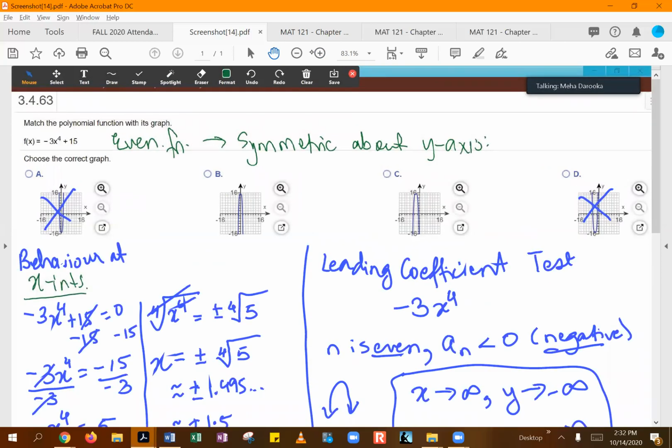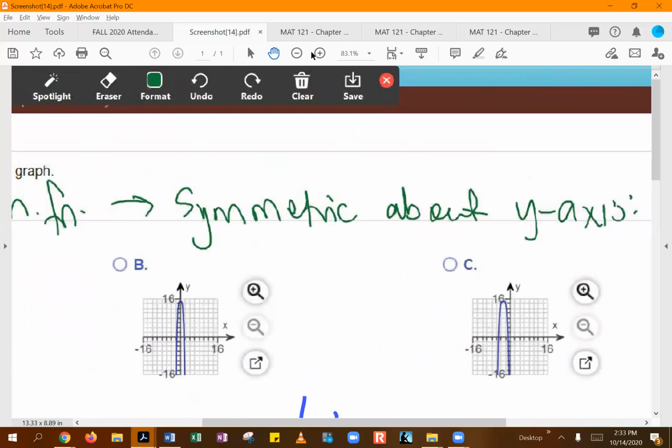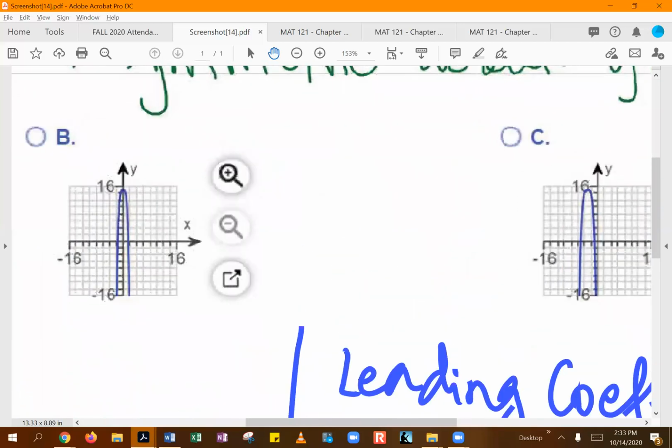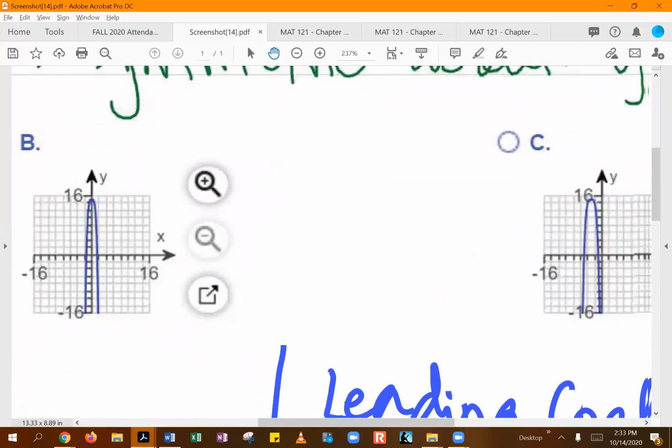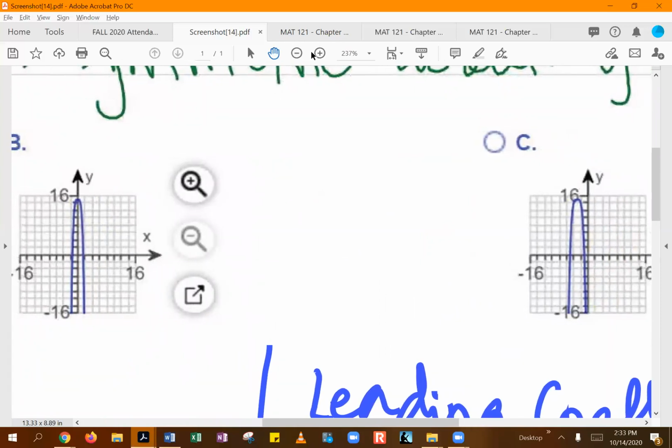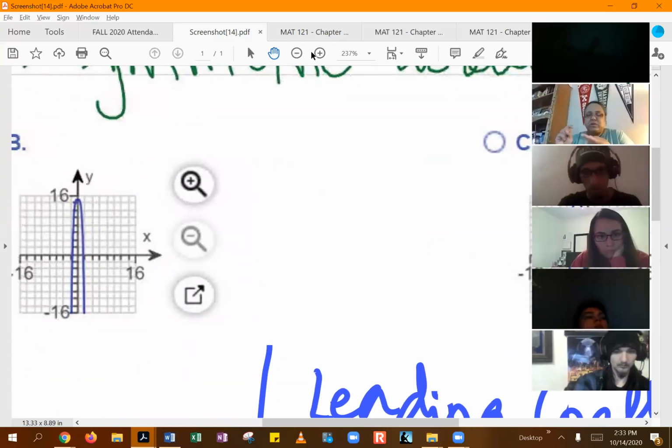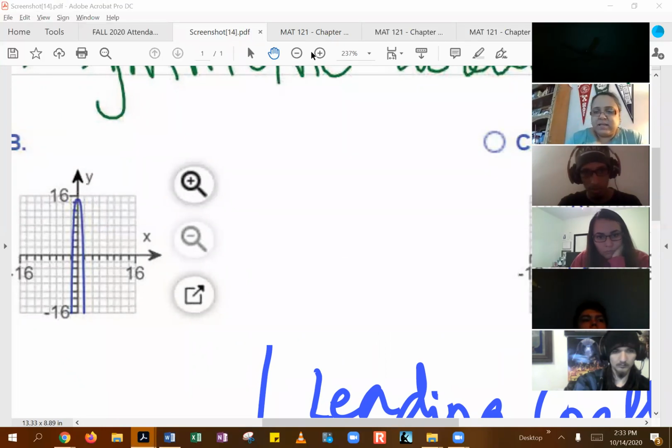So now between graphs B and C, and since this is an image I took last time from the example, I will not be able to expand these graphs. So which one would you have to choose looking at our symmetry, x-intercepts, and the leading coefficient test?